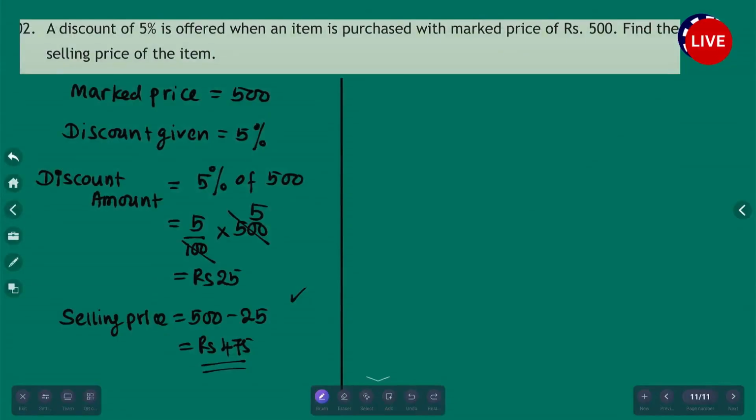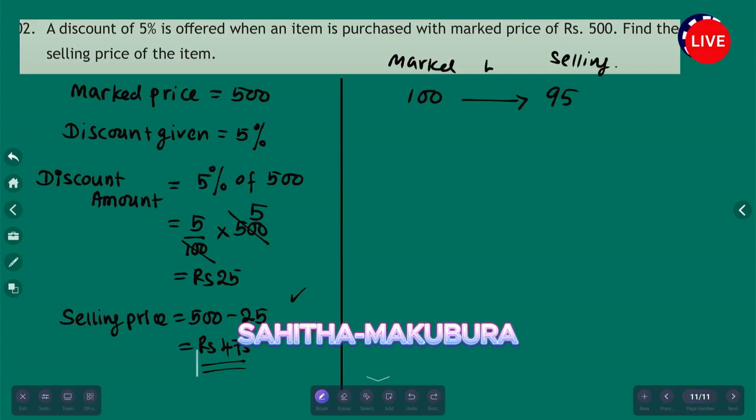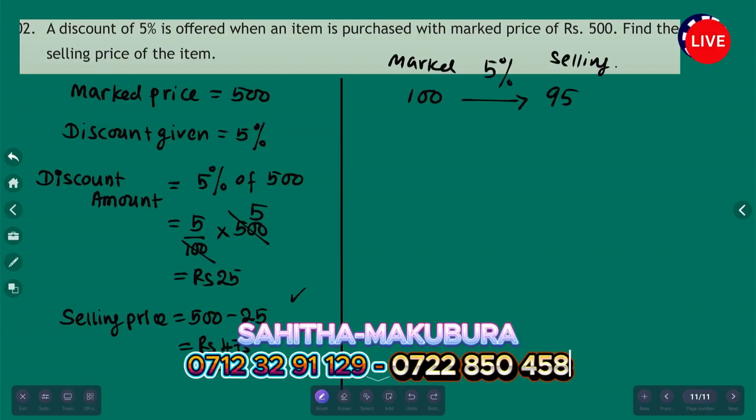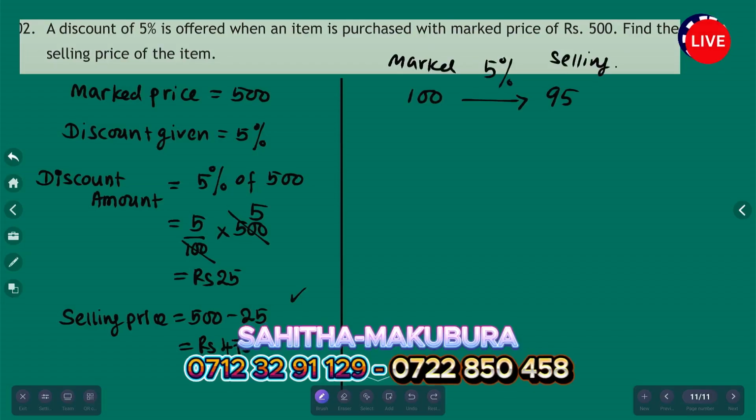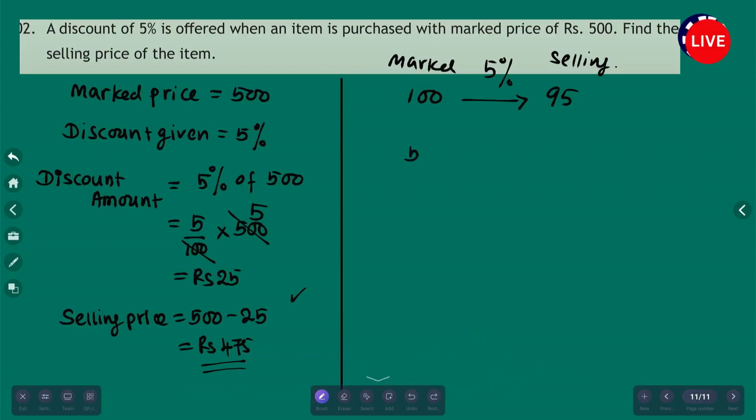Suppose the marked price of the item is 100. After giving the discount, what will be the selling price? If the marked price is 100 and a discount of 5% is given, the selling price will be 95 rupees. Now the marked price is 500.